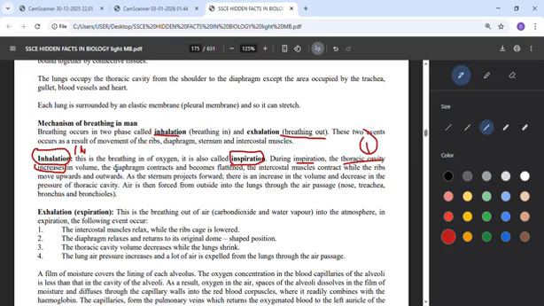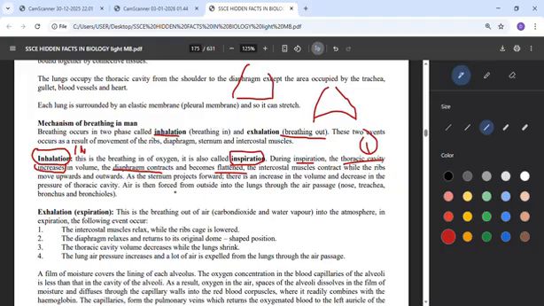Number two, the diaphragm will contract. The diaphragm is the one under the lungs. To contract means to stretch, and as it stretches, it becomes flat, from something like this to something like this.